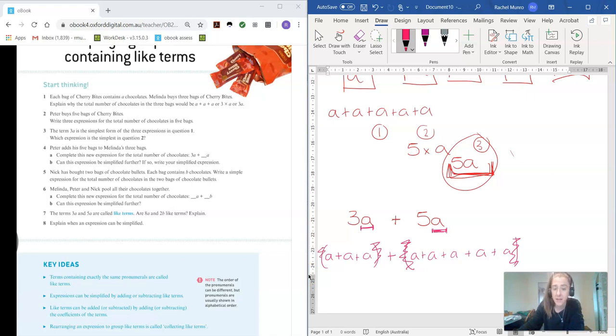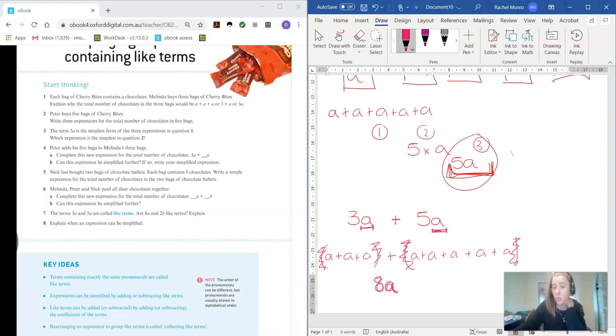So then what we've actually got all together is A plus A plus A plus A plus A plus A plus A plus A. So we've actually got 8 A's all together. So we've got 8 times A all together.